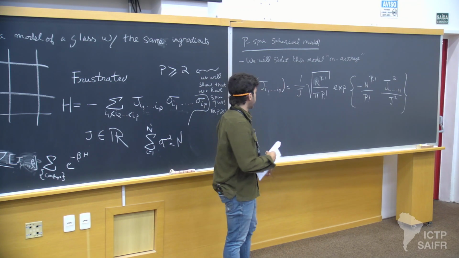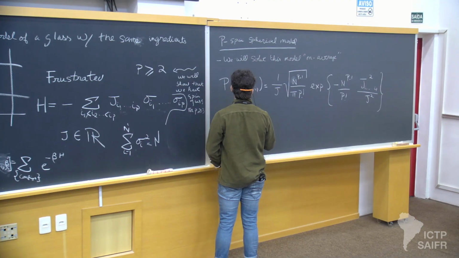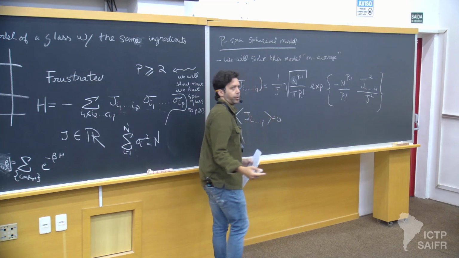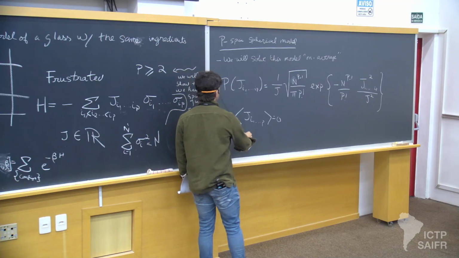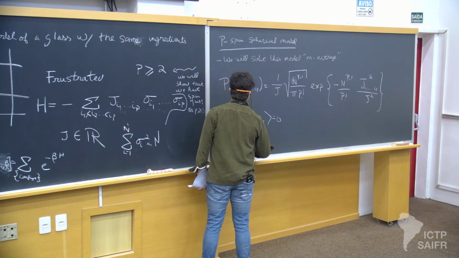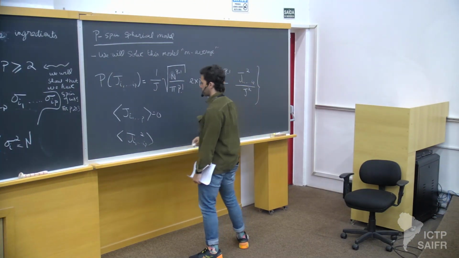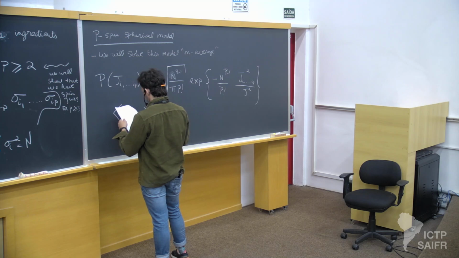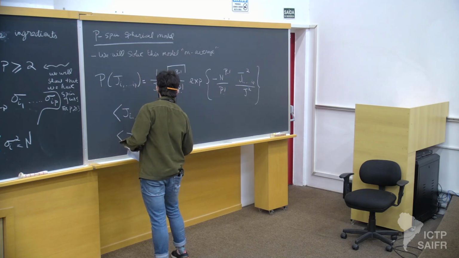The mean of the distribution is 0, which is what we want. It doesn't favor plus or minus in any way. And the variance is set by J squared over N to the p minus 1. It's roughly 1 over N to the p minus 1.